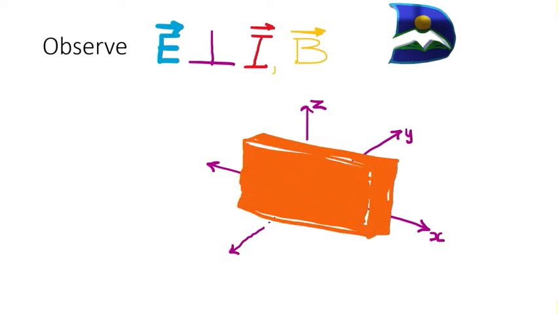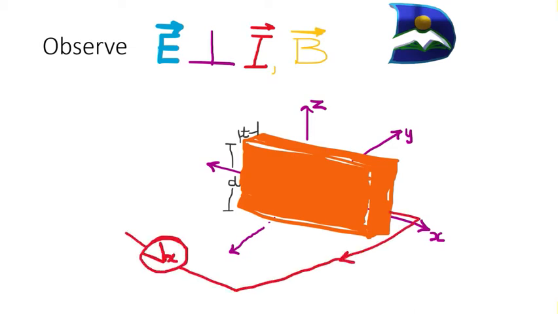It could be a conductor or a semiconductor, but in this case the width of the conductor is represented as D, and the thickness as T. We have a current passing along the x-axis, and the material is subjected to a magnetic field parallel to the y-axis.